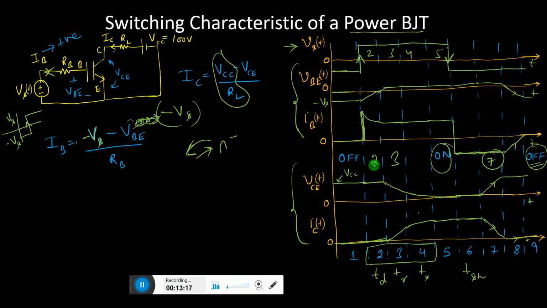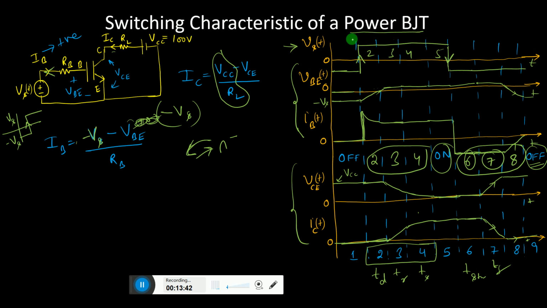Before 3 there is a delay time, and before the fall time there is a storage time. That's why, to take it completely off, it takes stages 6, 7, 8, and to make it completely on, it takes stages 2, 3, 4.